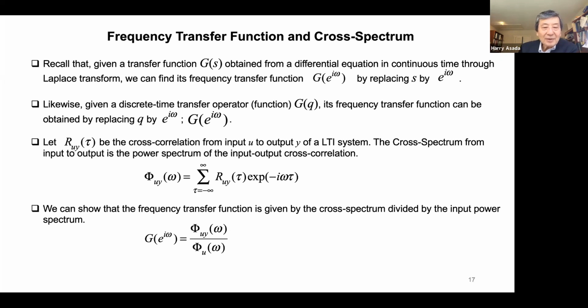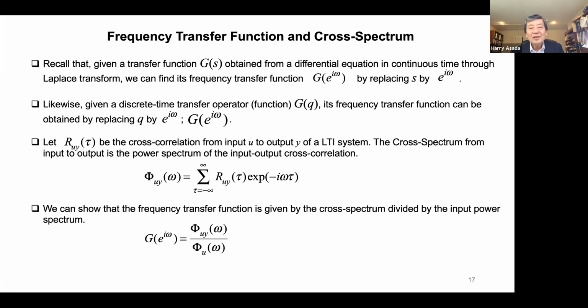Now, our objective is to use the cross correlation and autocorrelation, just as we did for the time domain, to suppress the effect of the noise. We use this technique. So let R_ui(tau) be the cross correlation from input u to output y of a linear time invariant system.